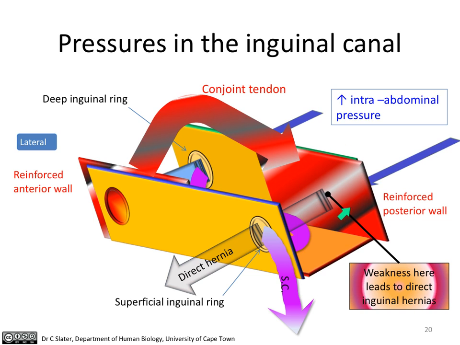This whole section here, the transversalis fascia plus the conjoint tendon, would stretch, and the contents would then push up against the weakness here in the anterior abdominal wall, which is the superficial inguinal ring, and we would therefore see the contents pushing forward onto the anterior abdominal wall over here.